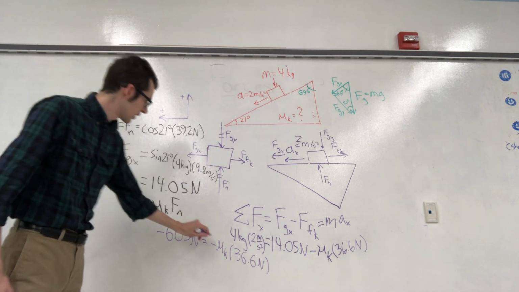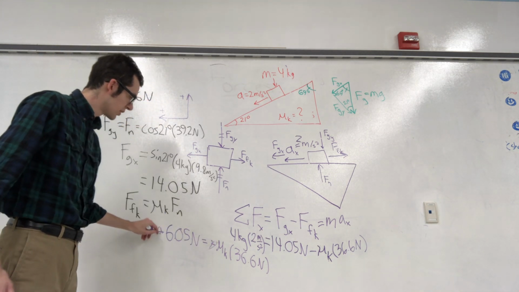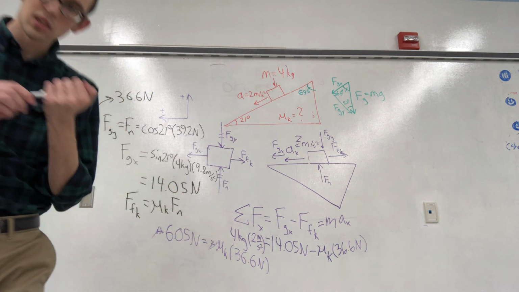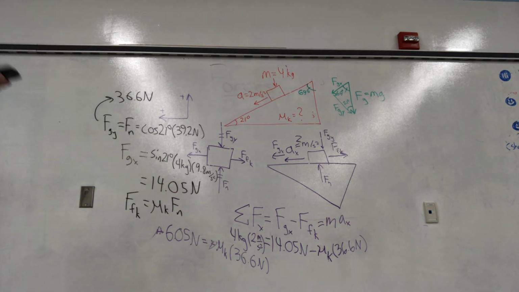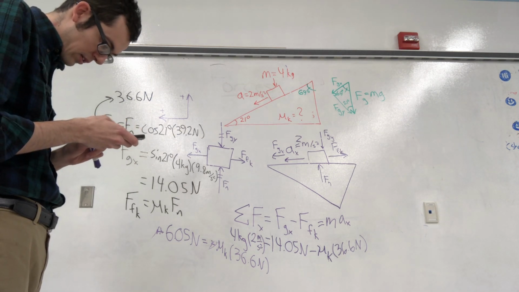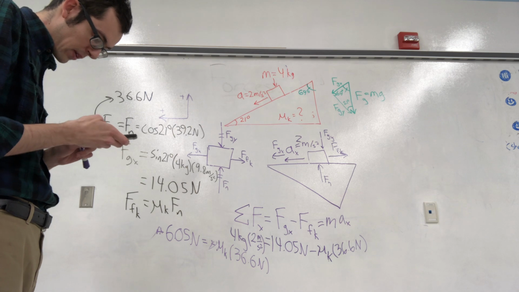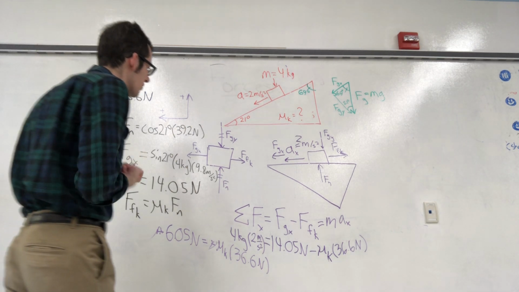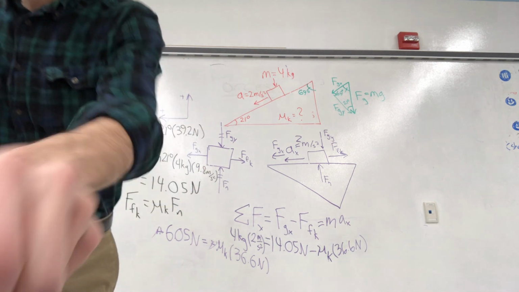Last step, of course, the negative signs will cancel out. We don't need to worry about those. And we just take 6.05 divided by 36.6. And that gives us 0.165.